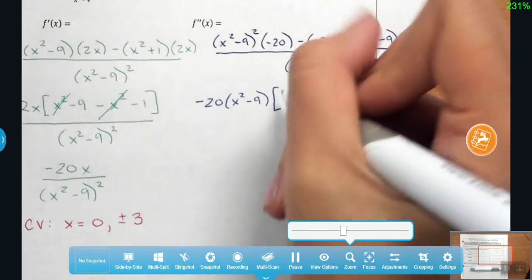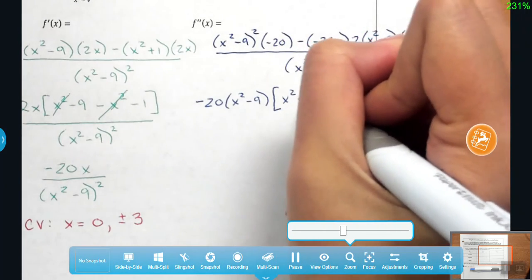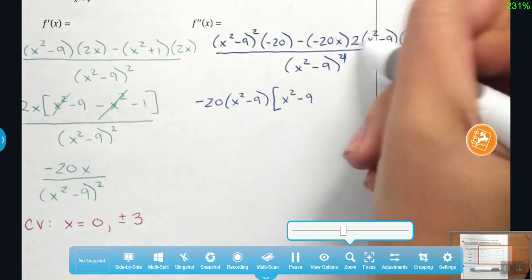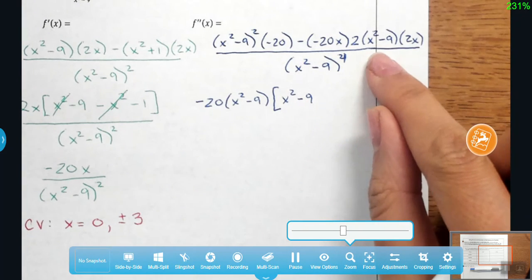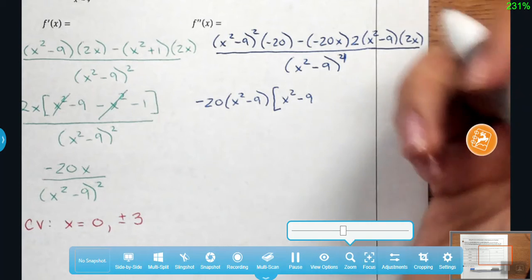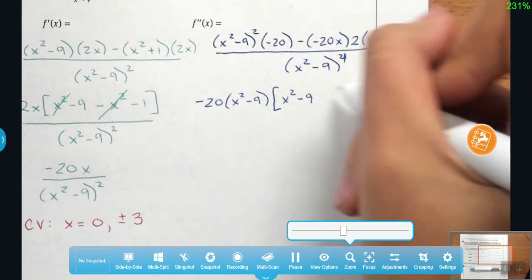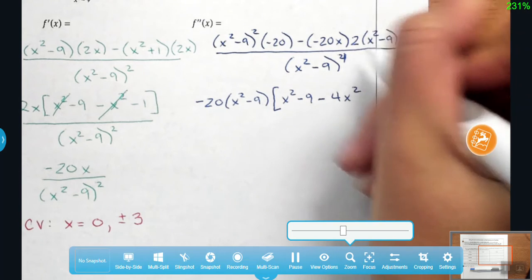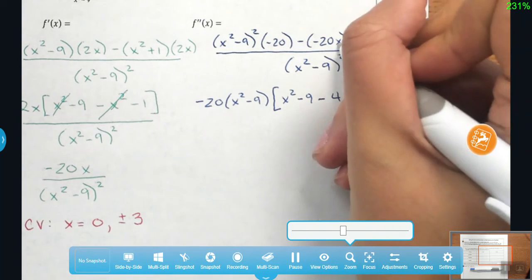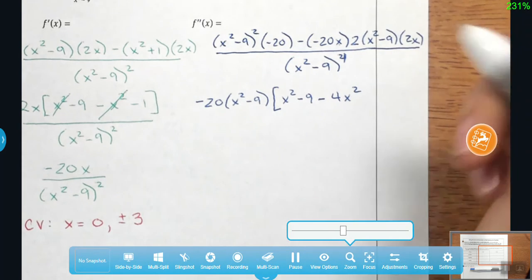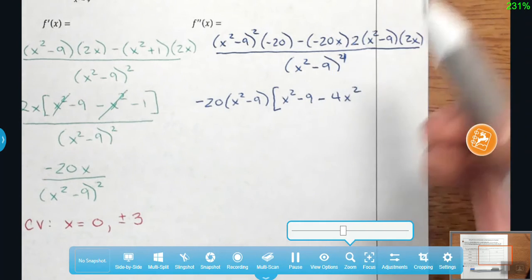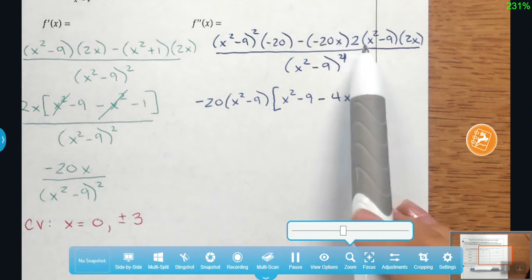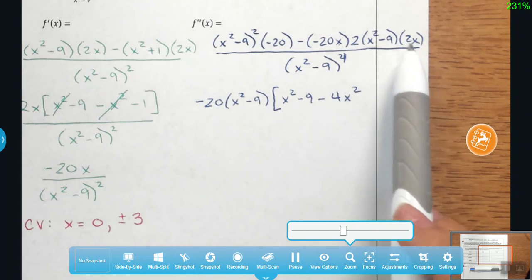Just an x squared minus 9. And what's left in this one? 4x squared. So it's still minus, right? Yeah, 4x squared. There's an x here, a 2, and a 2, and an x.